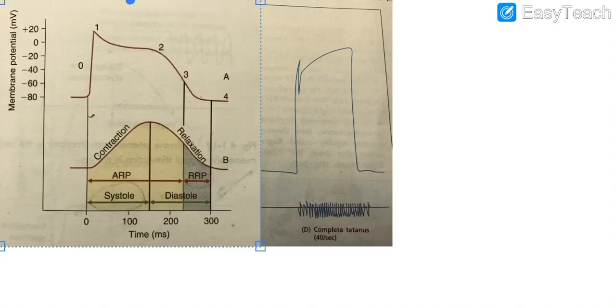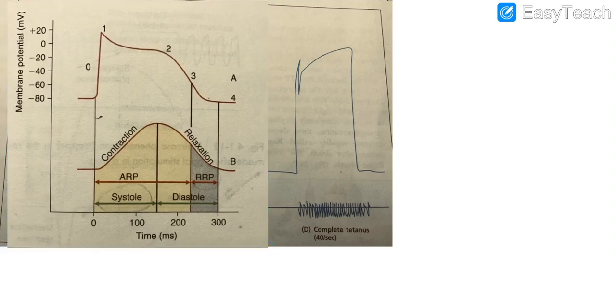If we look at this diagram, this red line is the action potential of a cardiac muscle fiber, right? And this one is the mechanical event, the contraction and relaxation phase of a cardiac muscle fiber.